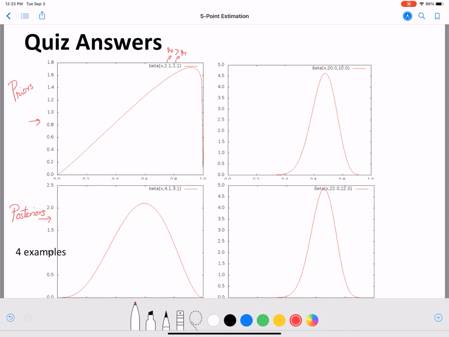So in both these priors, we see that beta h is greater than beta t, so the curve shifts to the right. But we see that the curve is way more prominent in the second one than in the first one, where beta h value is 2.1, beta t is 1.1. That is because there are only 3.2 worth of value here, while here we have a total of 30.